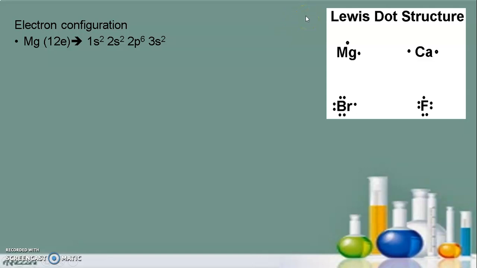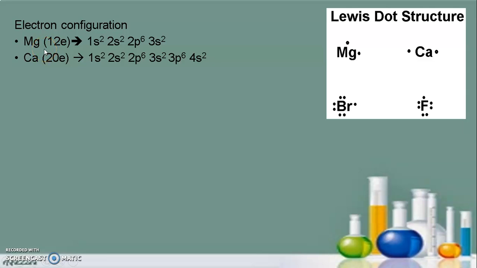So where can you find the element in the periodic table? Let's have, for example, the electron configuration of magnesium, which has 12 electrons. Now, let's compare that to the electron configuration of calcium.